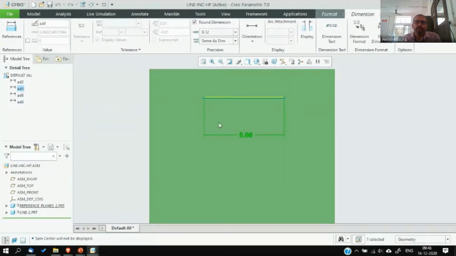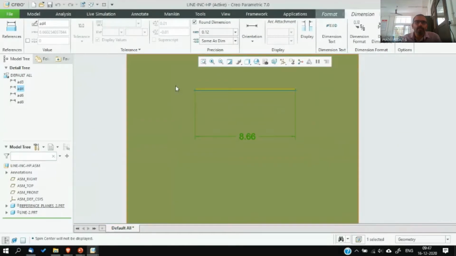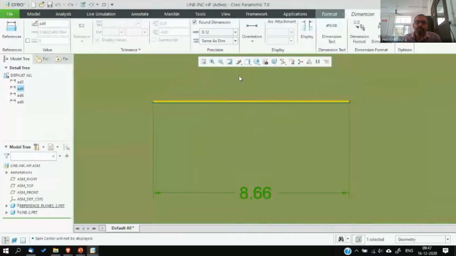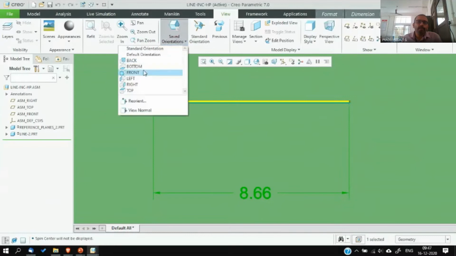See, the length of the top view is only 8.66. The true length of the drawing is 10 units. I created it as 10 units, say 10 centimeter. If it is 10 centimeter, the top view has only a length of 8.66. That is, the length of the top view is reduced. Why it is reduced? That you know.